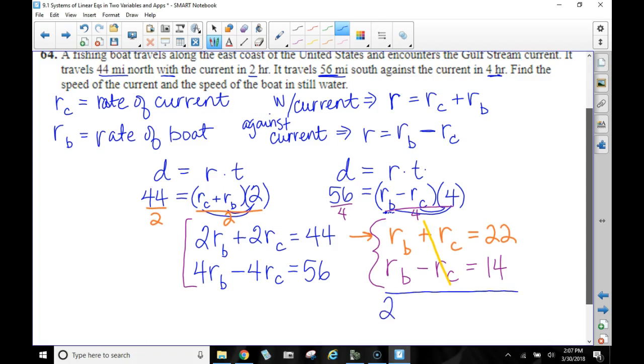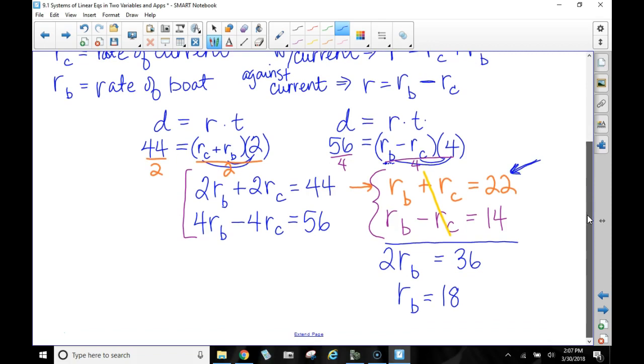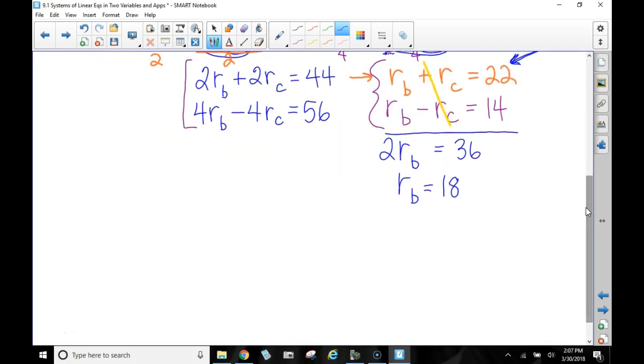We're going to have 2 of those rate of the boat terms is equal to 22 plus 14 is 36. So the rate of the boat in still water is 18. Okay. Now, to get rate of the current, let me just go right back up here to this equation. That equation says that the rate of the boat plus the rate of the current is 22.